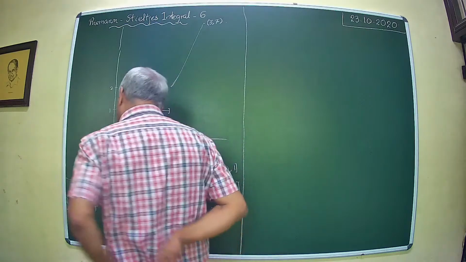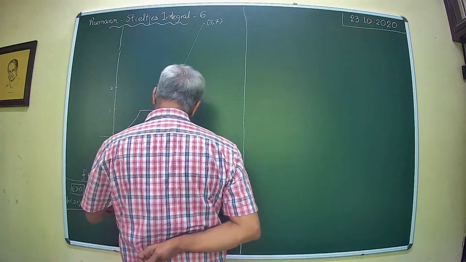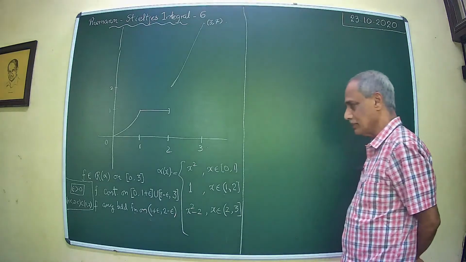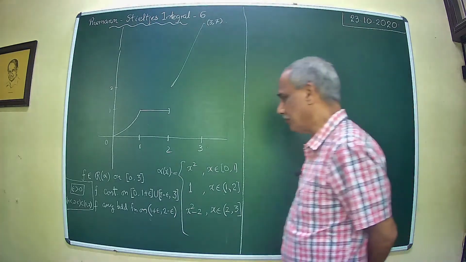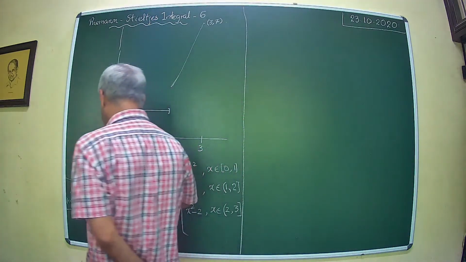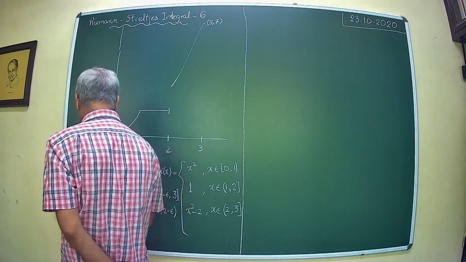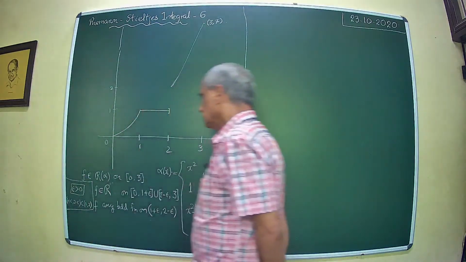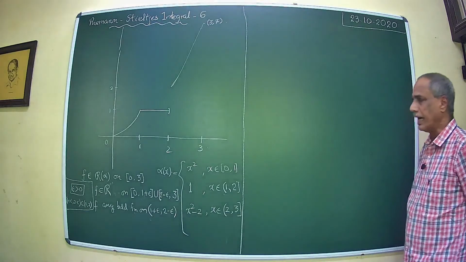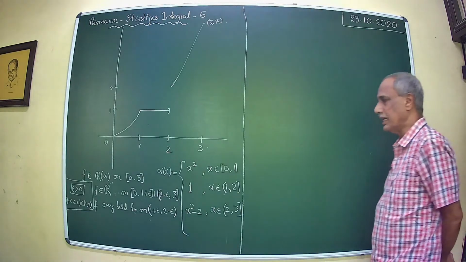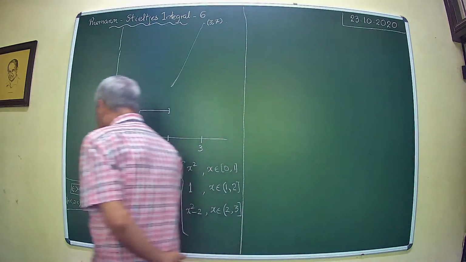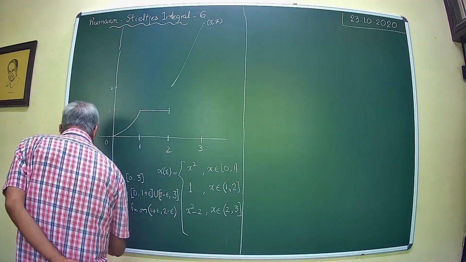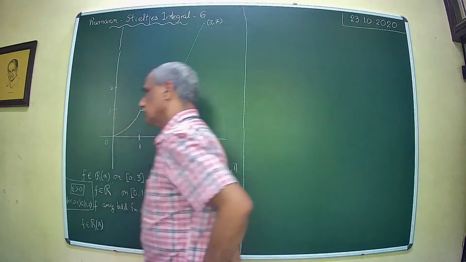In fact, you can replace this f continuous by f Riemann integrable, that is, f belongs to R. So with that choice, you can show that f belongs to R alpha.